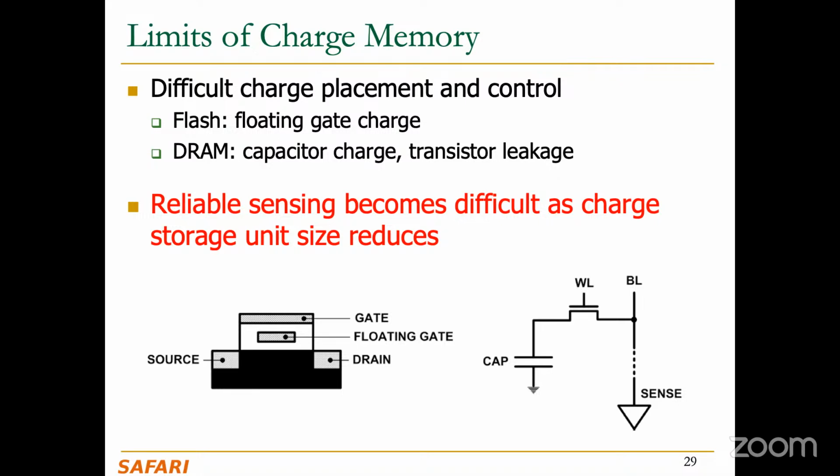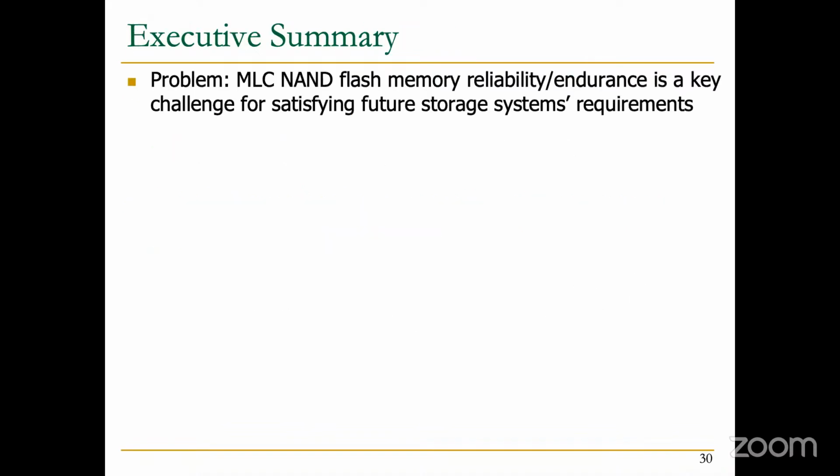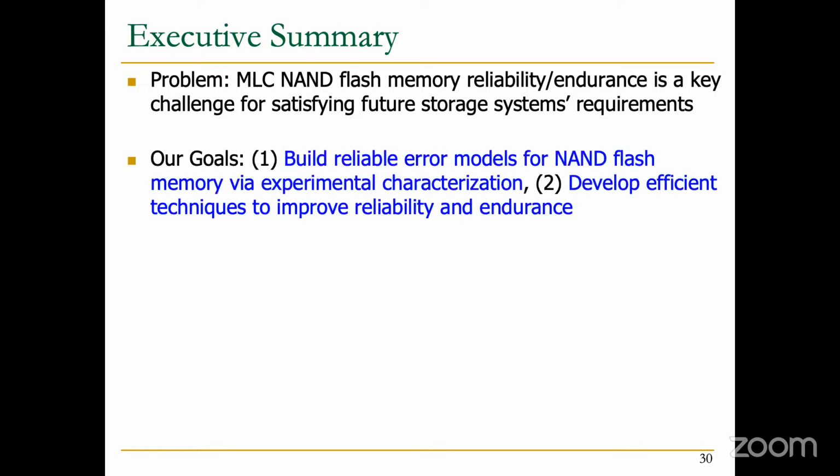For flash memory, we also have this floating gate, and that floating gate can leak charge after some time. That causes a lot of issues like retention error, and we will see more. The problem we want to focus on now is that MLC NAND flash memory reliability and endurance is a key challenge for satisfying future storage systems requirements.